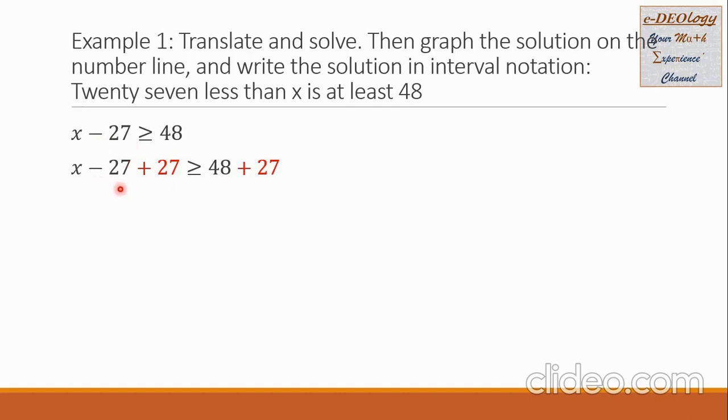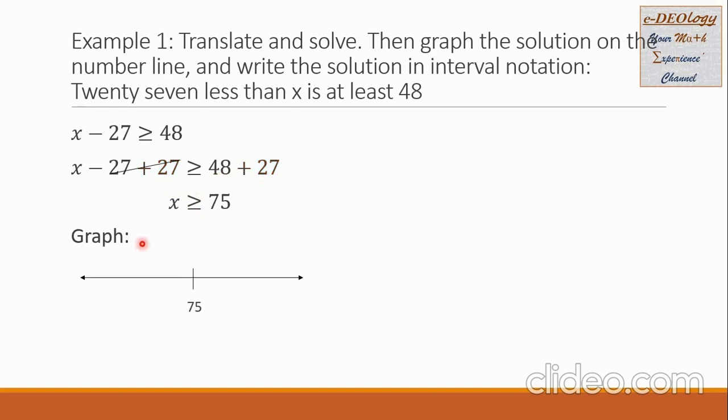So the negative 27 and the plus 27 will become 0. Only the x comes down here. So greater than or equal to, the sum of 48 and 27 is 75. So our answer is x is greater than or equal to 75.